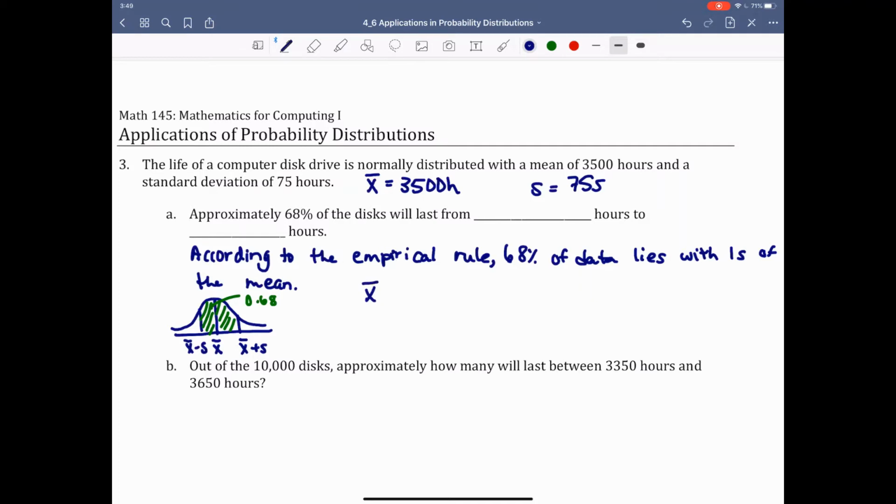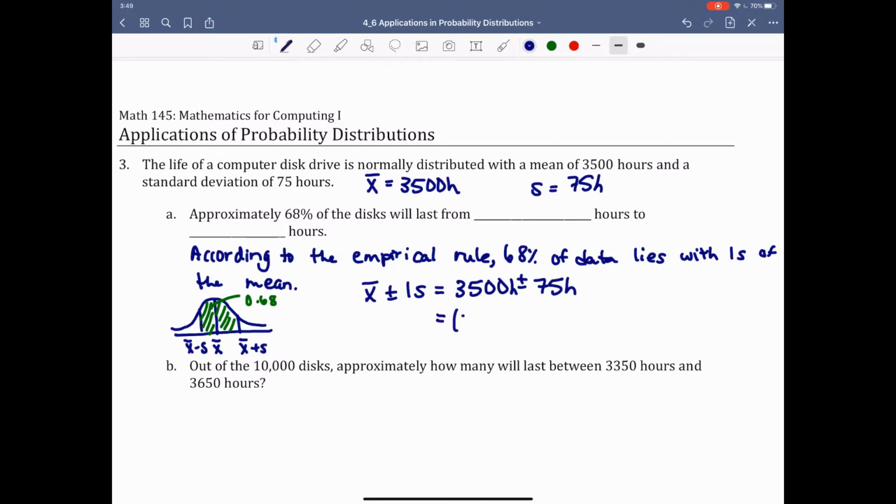So x bar plus or minus 1s is equal to 3,500 plus or minus 75, and both of these have units of hours. This will give us an upper and lower limit.